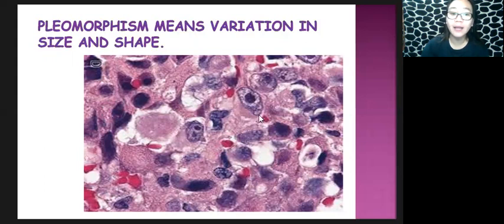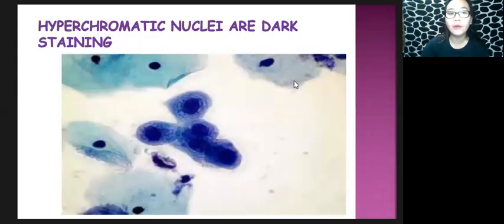Some would appear like this, rather. So as you can see here, there is pleomorphism. There are many sizes and shapes. Your cells exhibit variation in sizes and shapes.